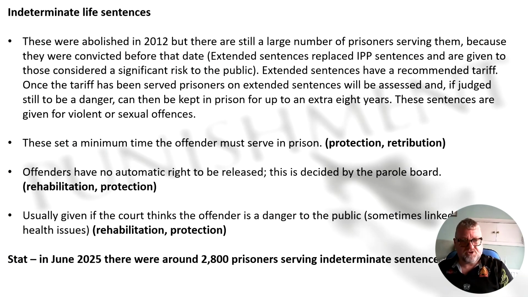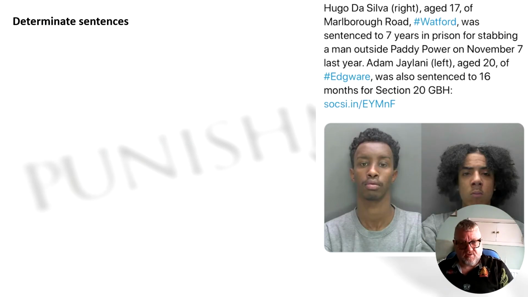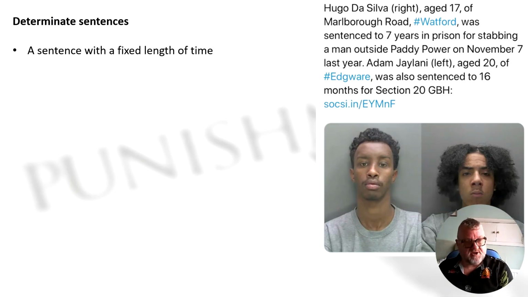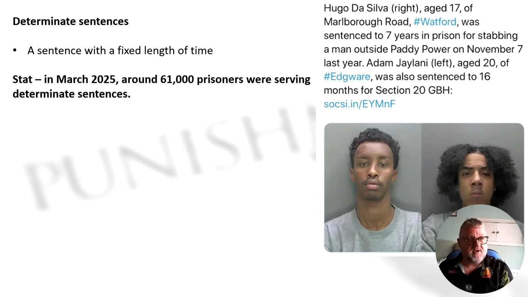And in June 2025 there are about 2,800 prisoners serving indeterminate sentences, but they are gradually being replaced by these extended sentences. And of course then we have determinate sentences, which is when you get a fixed length of time on your sentence. In March 2025 we had about 61,000 serving determinate sentences.